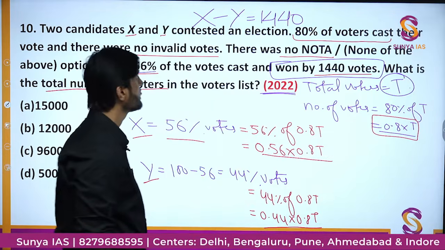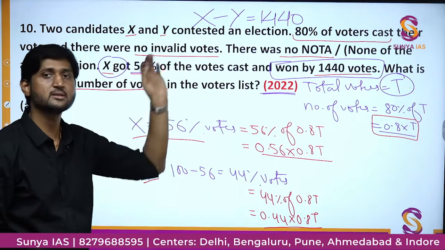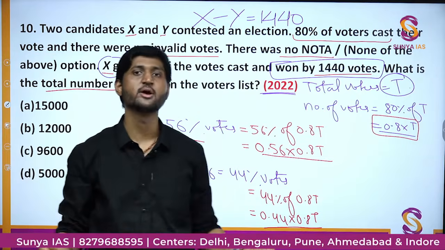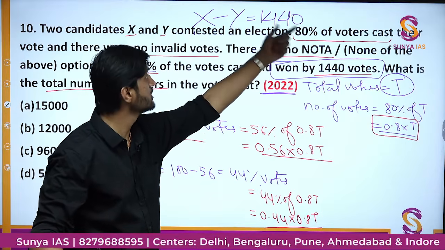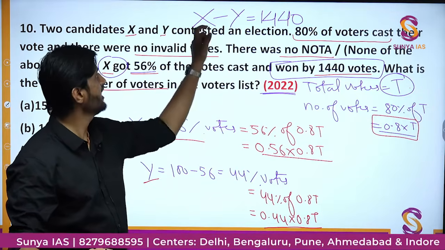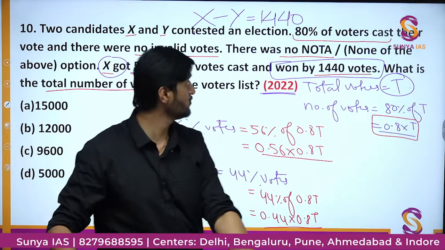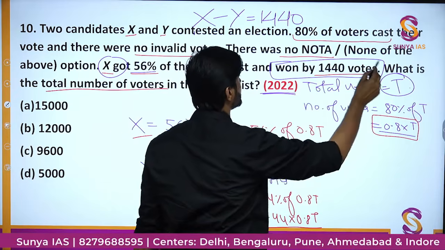He is getting 1440 votes more than Y is the essence of this particular statement. Won by 1440 votes basically means X is getting 1440 votes more than Y, or X minus Y is 1440. That is the simple equation which you can derive from this part here.